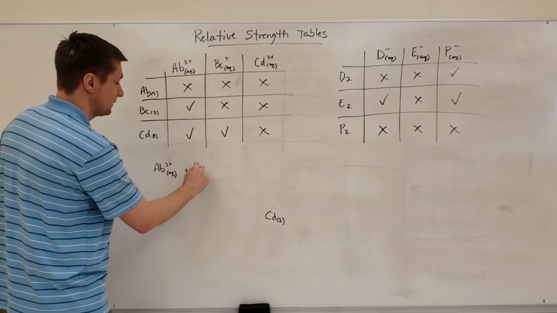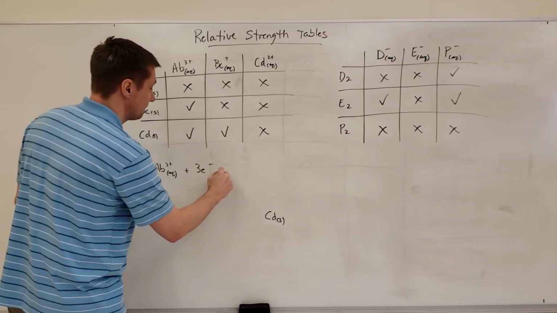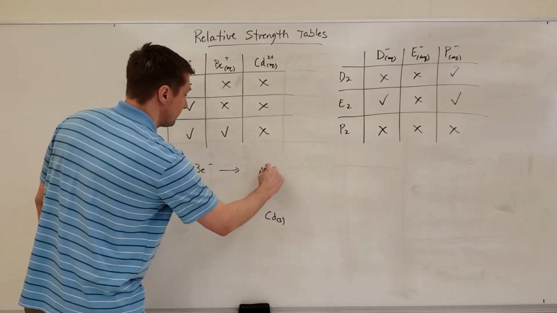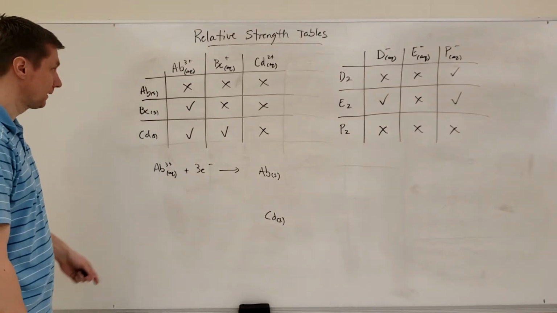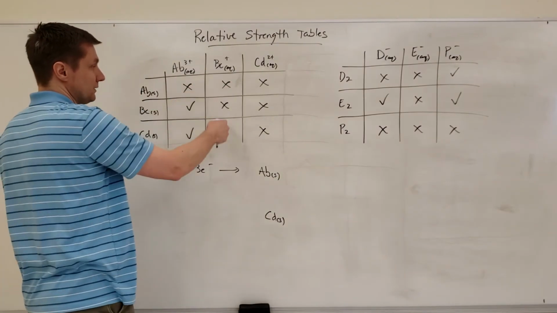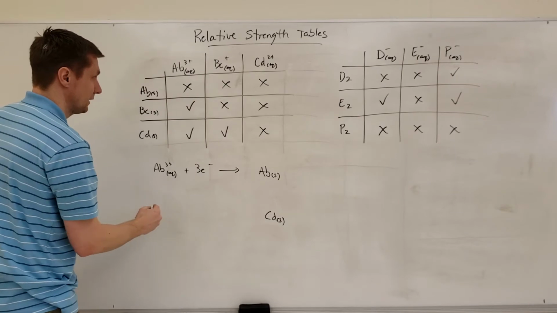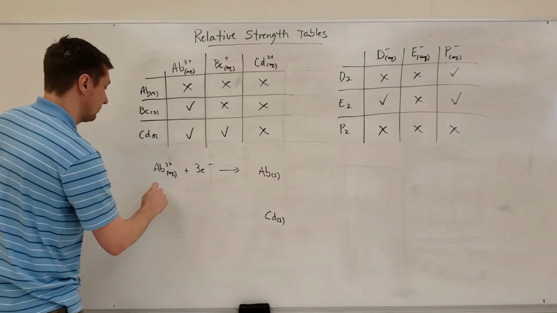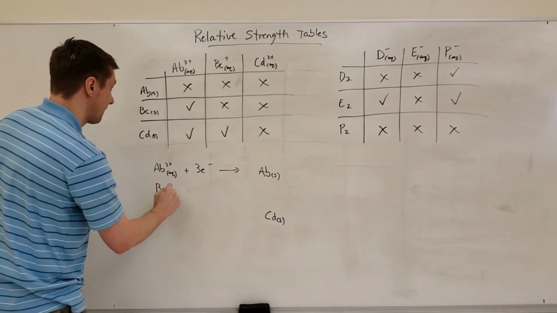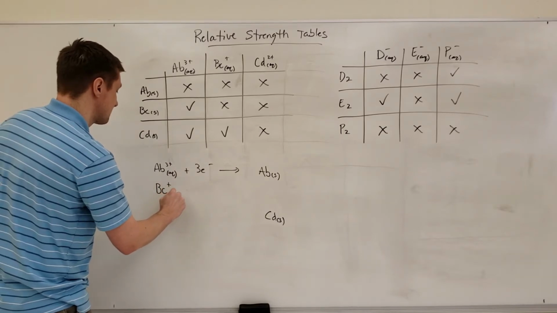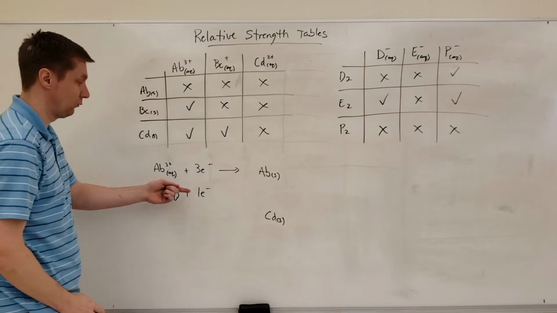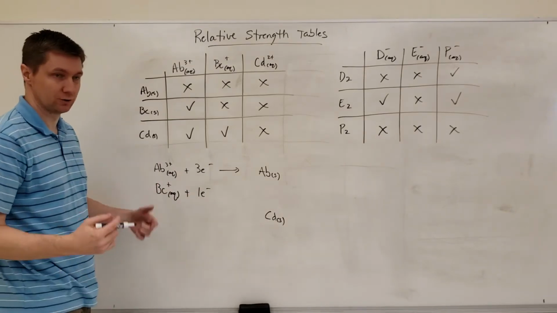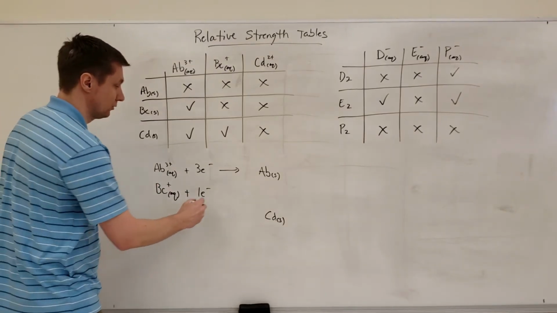And I can write this as a reduction half reaction. Just like that. I know that Bc positive is just below that. It's got one check mark, so I can put that one just below. And I'm only going to add 1 electron to that because its charge is only 1 positive, and I know it's neutral over here.